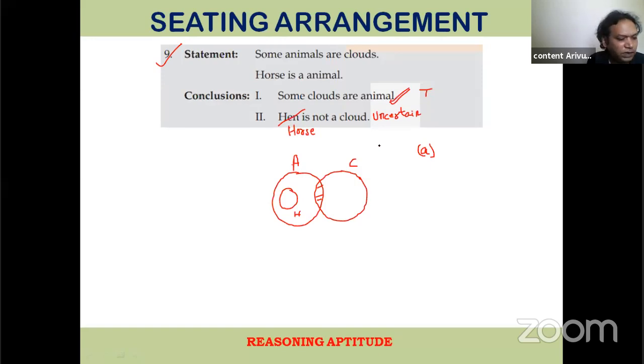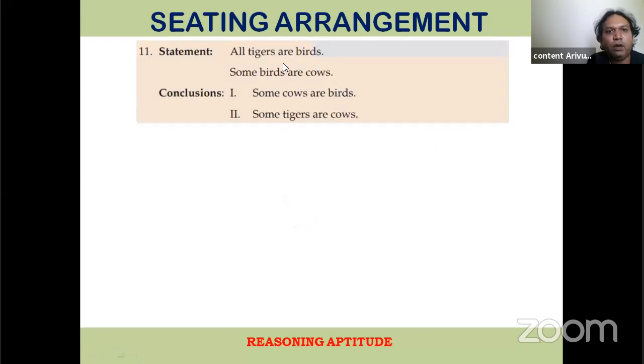Now the other doubt that was posted in the WhatsApp group and on my WhatsApp number was question number 11. So here we have question number 11.